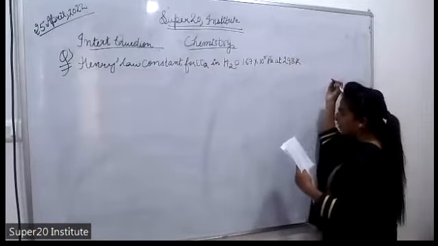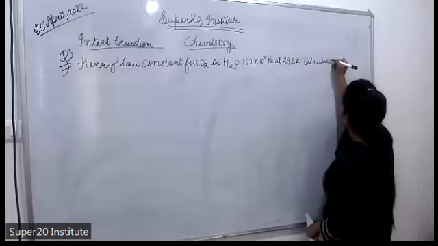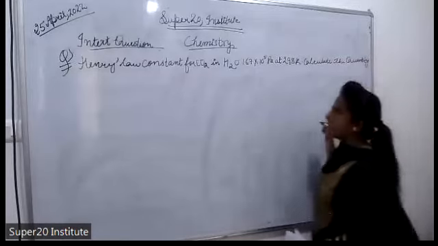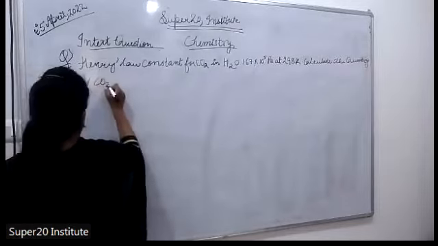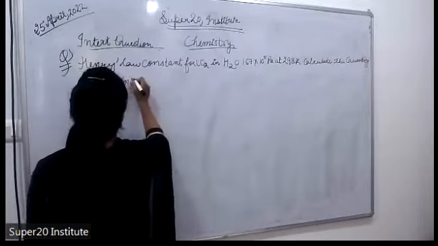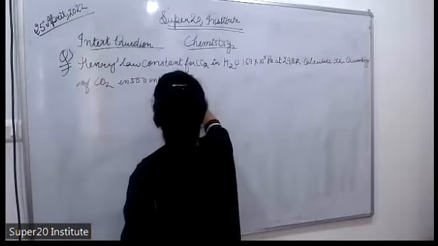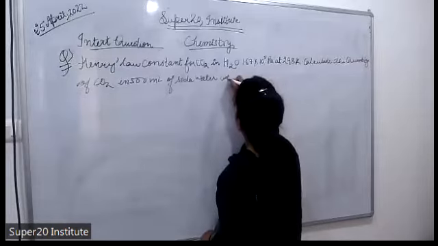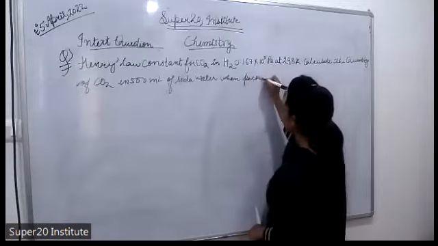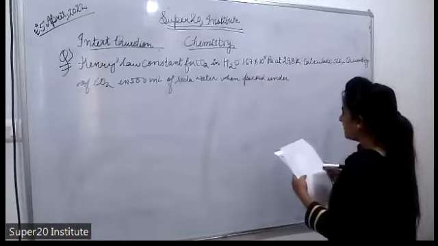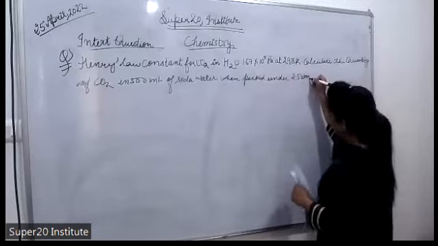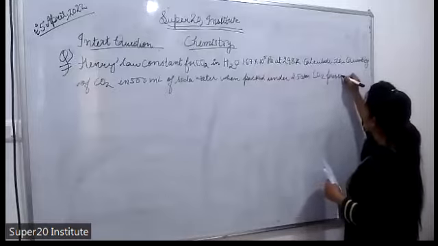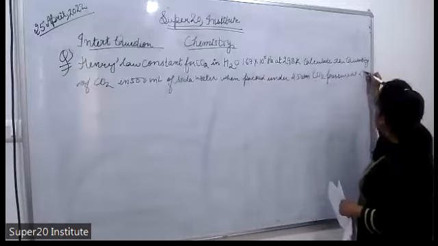Calculate the quantity of carbon dioxide in 500 ml of soda water when packed under 2.5 atmosphere carbon dioxide pressure at temperature 298 Kelvin.